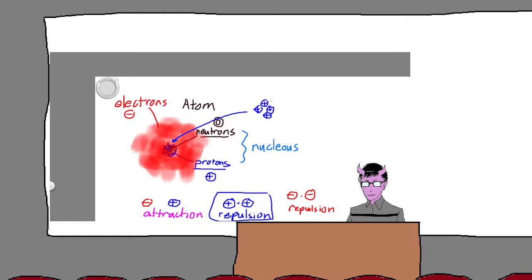So the short answer as to what keeps the core of the nucleus together is the strong force, which seems like a non-answer, but it's the answer for now. The strong force is basically related to the neutrons.